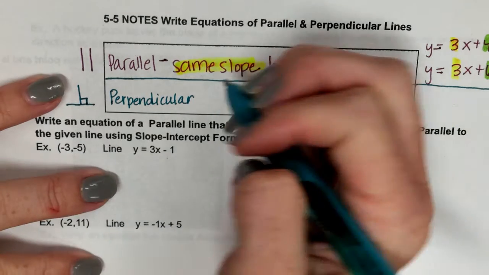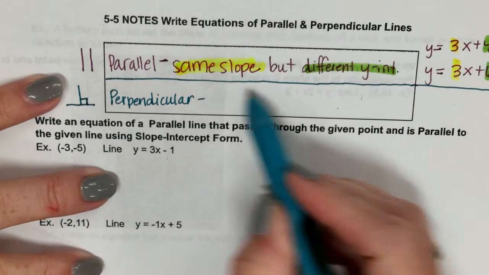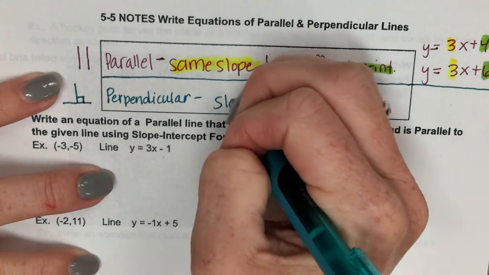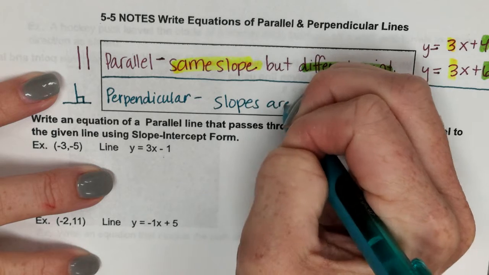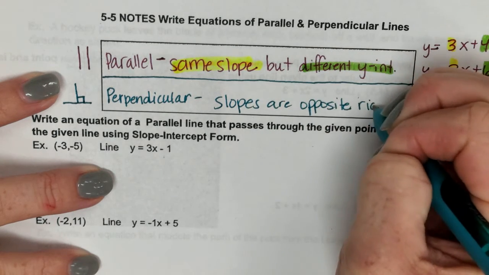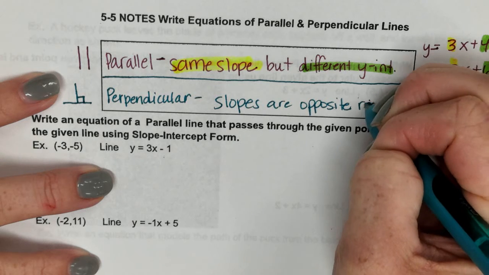Okay? So the slopes, and I'm going to write it up here. Actually, we should have plenty of room. So let's just write, the slopes are opposite reciprocals.